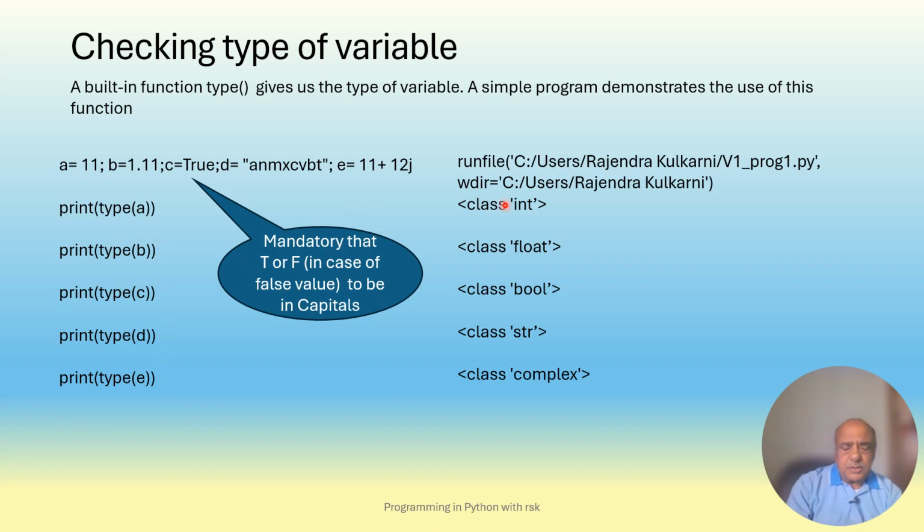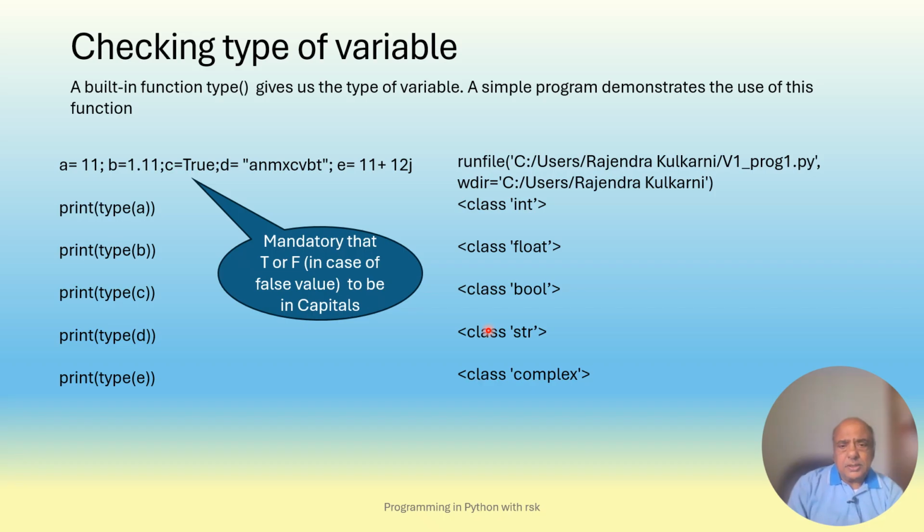Their type has been displayed. A is an int, B is a float, C is a bool, D is a string (str) and E is a complex class. These are all classes. Actually, in Python all the variables belong to some kind of class.